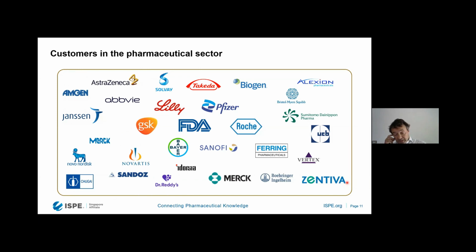And of course, the FDA, who have the second case study, are also using this kind of modeling technology. So, if you work for one of these companies and you're interested in more details, you can always contact me, and we can put you into contact with the colleagues who are using the technology.